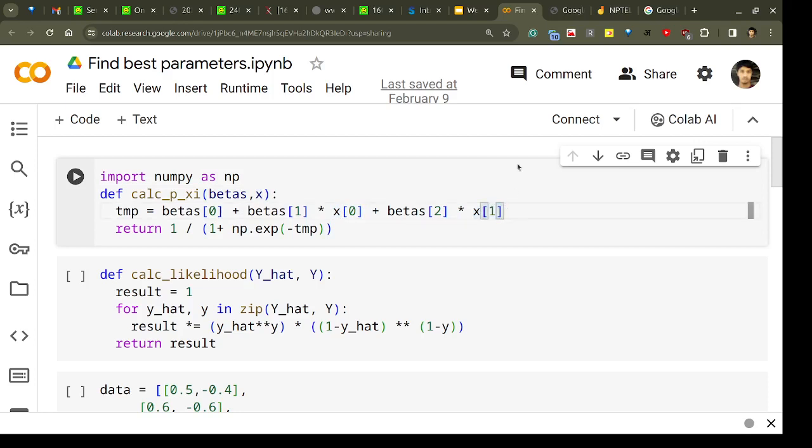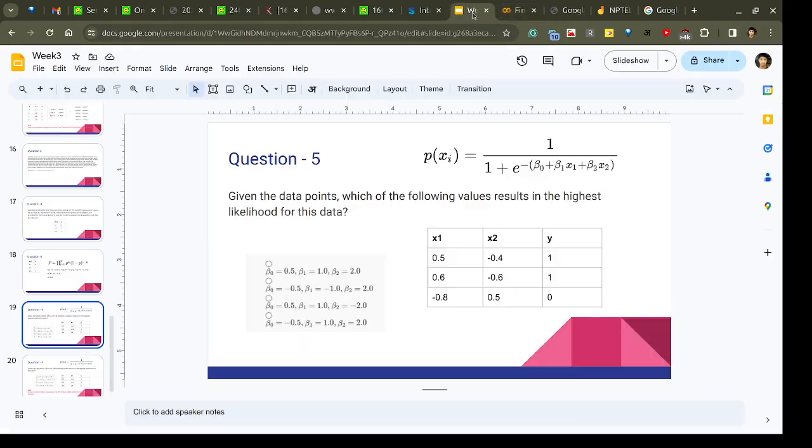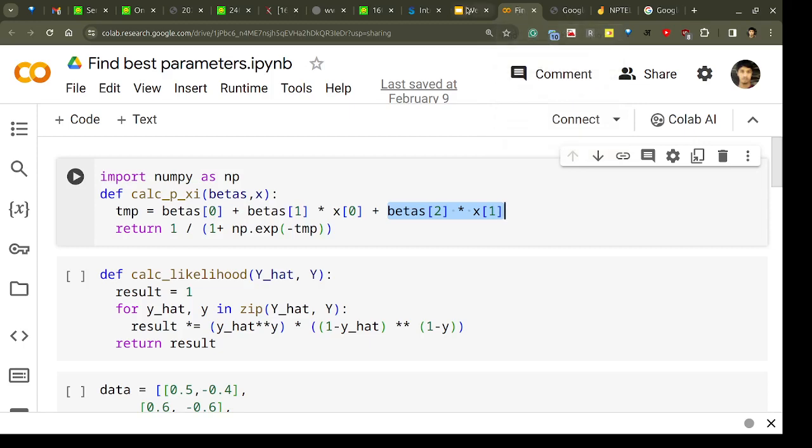Okay. So in this case we are finding beta 0 plus beta 1 x1 plus beta 2 x2. We are calculating this part. After calculating this, what we need to do?